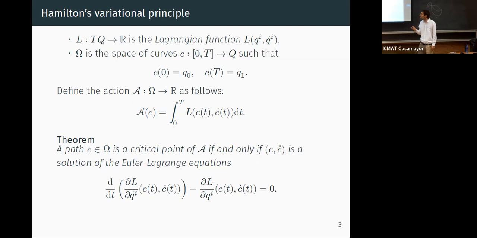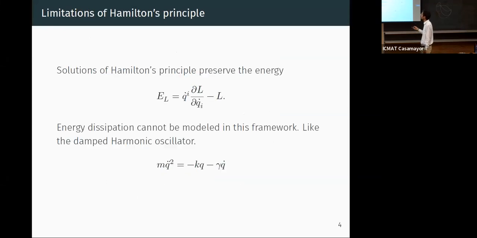Then you can compute the action by integrating the Lagrangian along the curve, and you can prove the following result: a path is a critical point of this action map if and only if it is a solution to these equations over here, which are called the Euler-Lagrange equations.